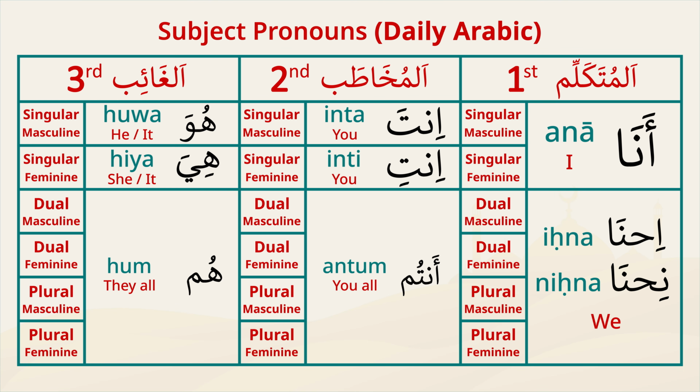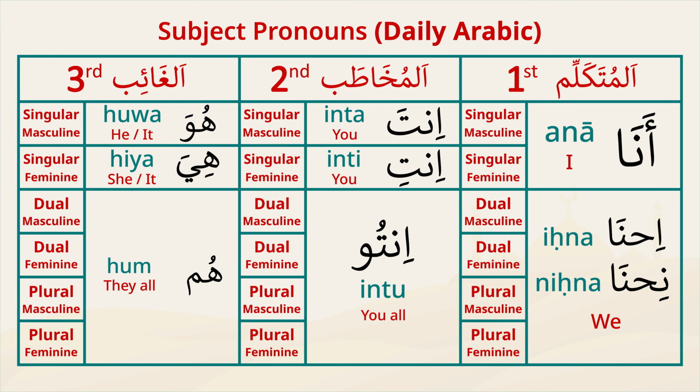This is happening in Egypt and the Levant area, while in the Gulf dialects they stay the same: أنت and أنتِ. The pronoun أنتم mostly starts with E as well: إنتو. So, إنت, إنتِ, and إنتو. They have the same tone, right?